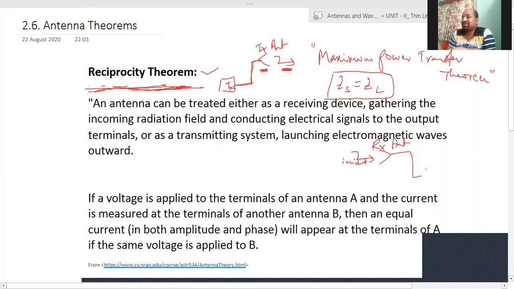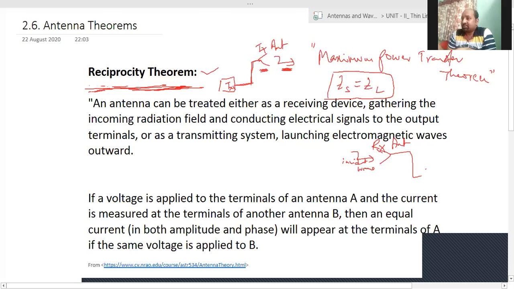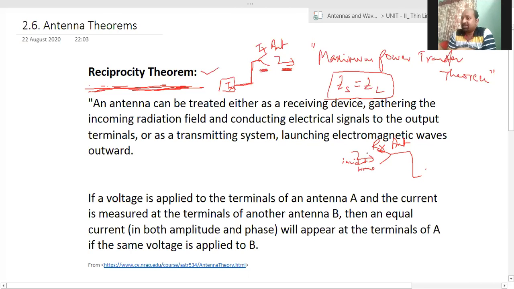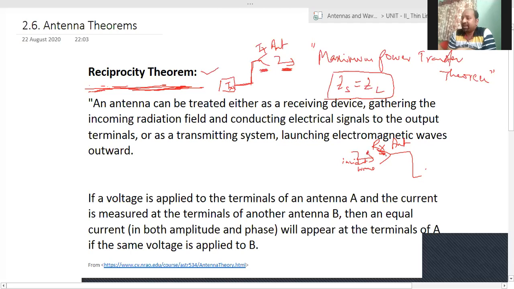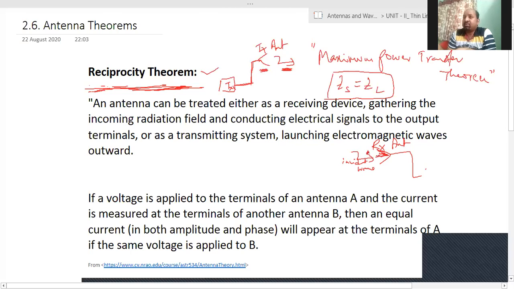This is the incident wave on the receiving antenna. So maximum power will be received or sensed by the receiving antenna when the impedance is matched. When the free space impedance here is matched with the antenna impedance, then the antenna will receive maximum power.